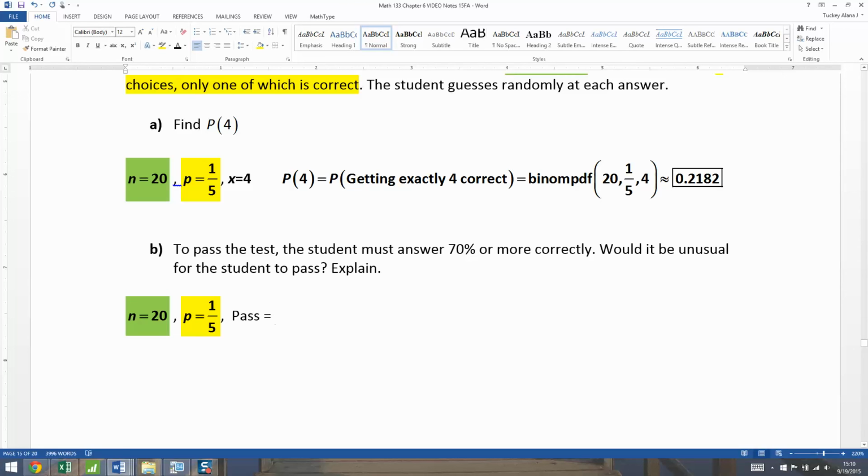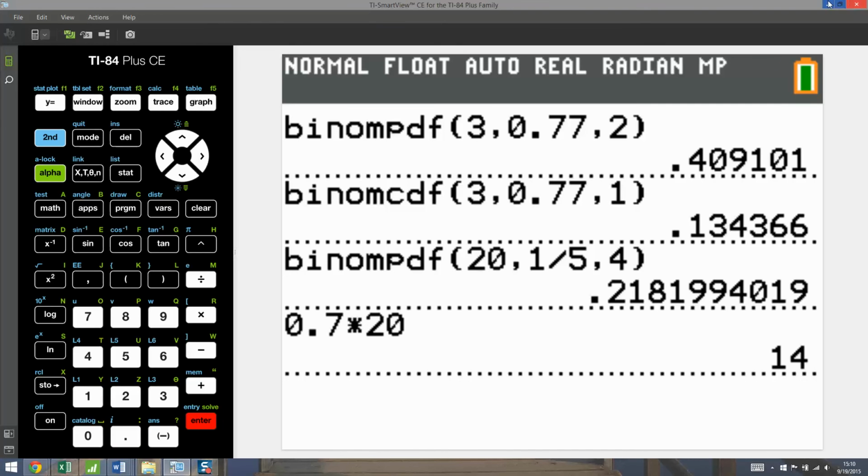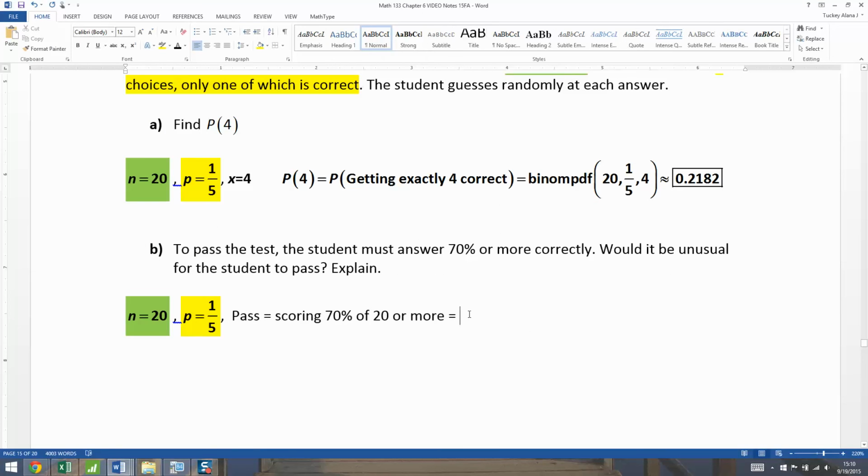So we need to figure out what 70% of 20 questions is or more. So 70% of 20, that'd be 0.7 times 20. That'd be 14 questions. So we need to score 14, 15, 16, all the way up to 20. So all of these would be passing.